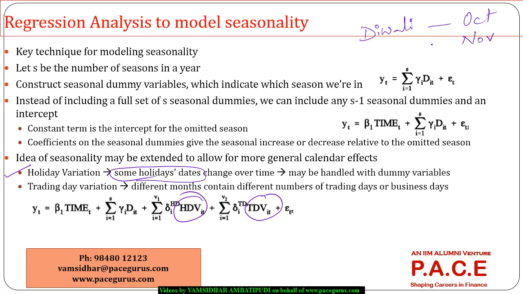So depending on which season Diwali is falling in, I may feel that the sales could be different for the companies. In which month the festival is falling, I may have a different assessment of the seasonality altogether.